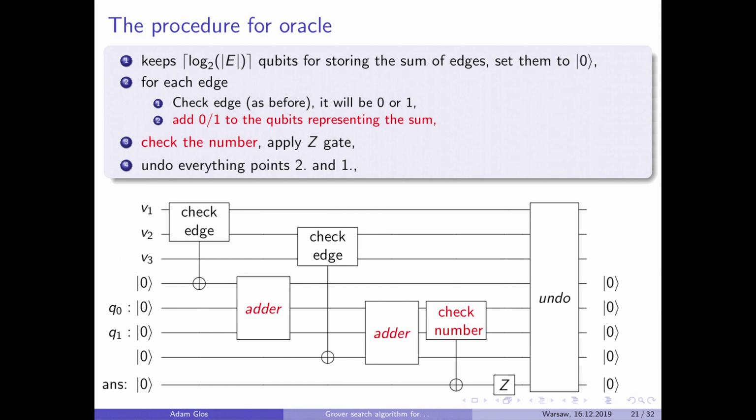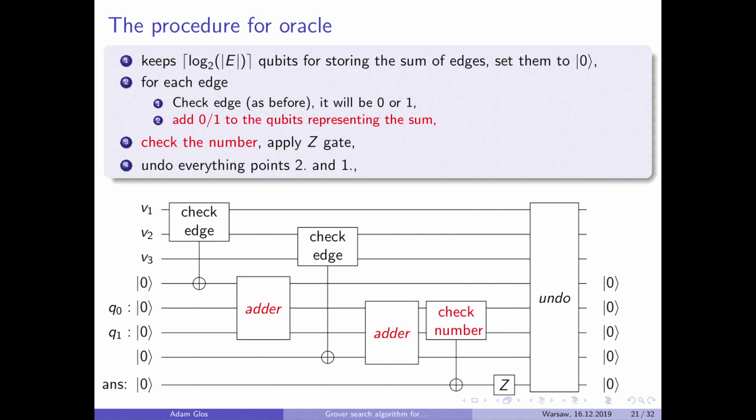Okay, so this is just a general scenario. First, we need to use extra qubits for storing our number of edges that connect vertices with different colors. We need to apply our check edge for each edge. And then we need to use what we call for now an adder gate, so that we will update this number of edges for each edge.